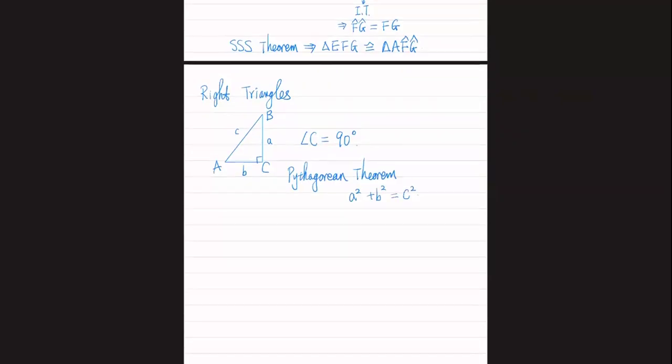Okay, two special cases. The first one, A, B, C. If this side has length 1, 45 degrees, right angle.